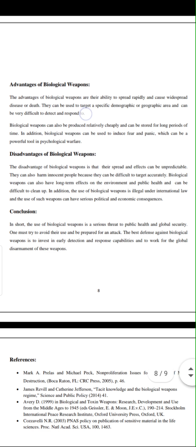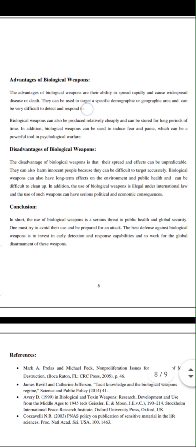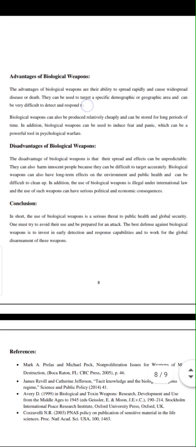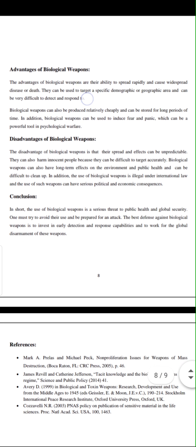Then, after the advantages, I will discuss the disadvantages, which are basically that their spread and effects can be unpredictable. Biological weapons can also have long-term effects on the environment and public health, and they are difficult to clean up.